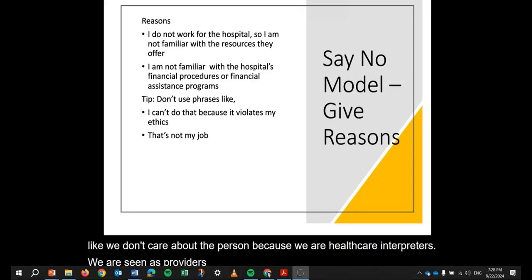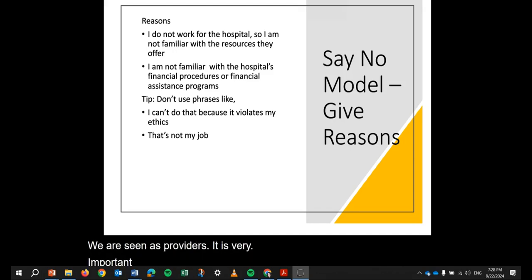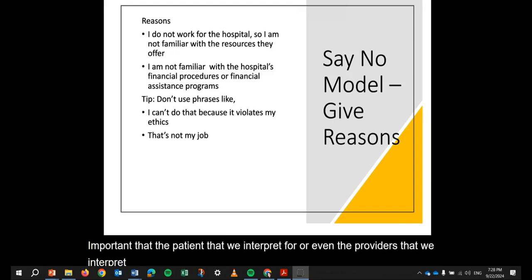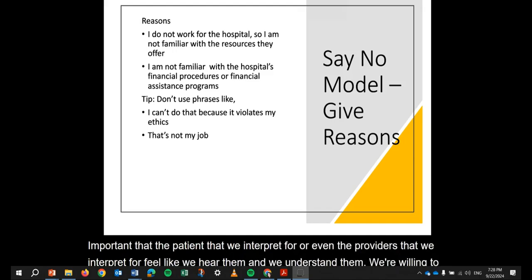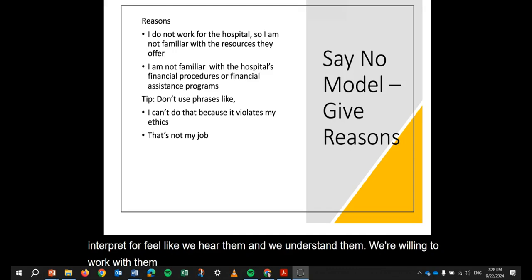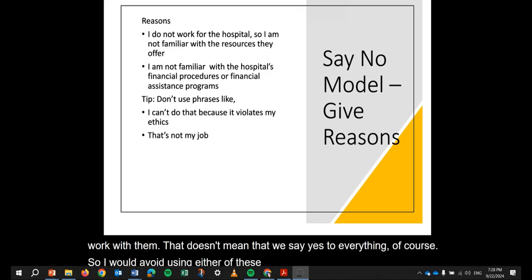It is very important that the patient we interpret for, or even the providers we interpret for, feel like we hear them and we understand them, and we're willing to work with them. That doesn't mean that we say yes to everything, of course. So I would avoid using either of these phrases.